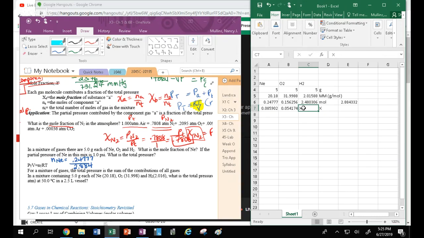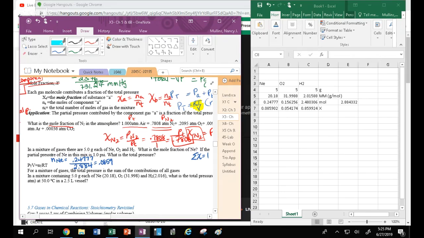So the last one I could always do by subtraction: 1 minus this, and also minus this one. So yes, you could also set it up. But you know the last one has to make up the rest of it. So fun fact about that, if they give you one and you need the other, the sum of all your mole fractions has to be 1, always. So we have a mole fraction for this one of 0.0859.